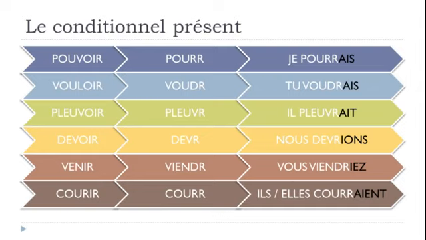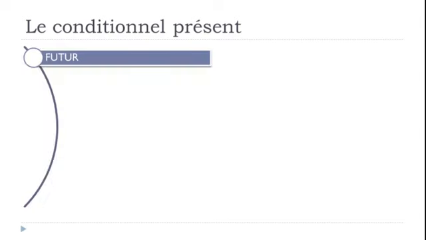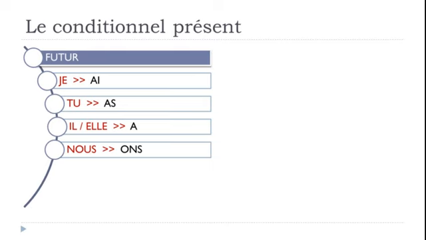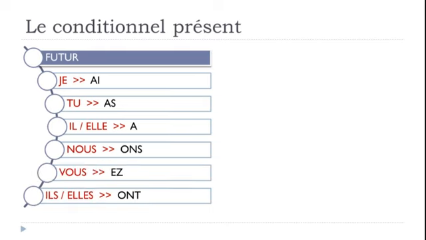All right? So, it was the first thing regarding the conditionnel présent, and then, as I said, regarding the fact that it's quite close to the future, the important thing is to remember that the endings for the future are AI, AS, A, ONS, EZ, ONT.